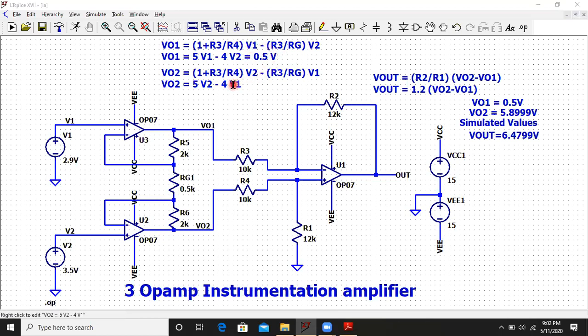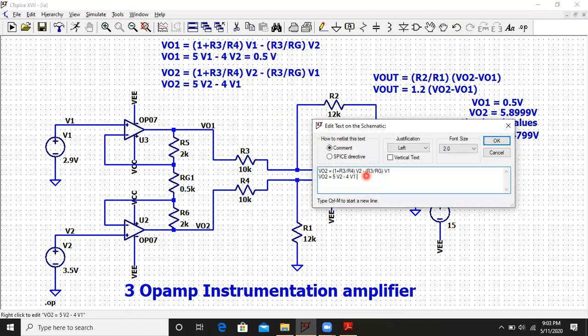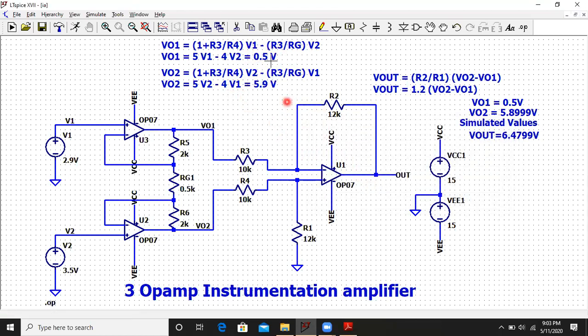And similarly, VO2 value will be equal to 5 times V2, that is 5 times 3.5, minus 4 times V1, that is 4 multiplied by 2.9. So if you work out these values, this will come out to be 5.9 volts. So exactly it is coming almost same. VO1 is coming as 0.5 and VO2 is coming out to be 5.9.